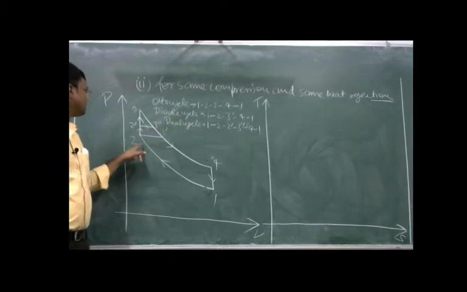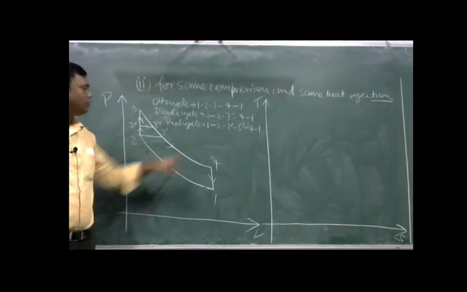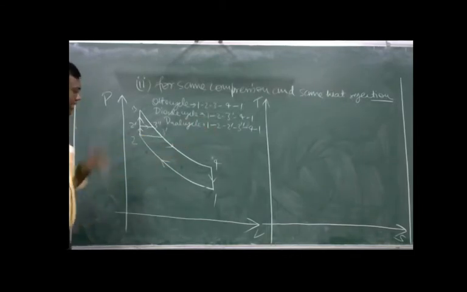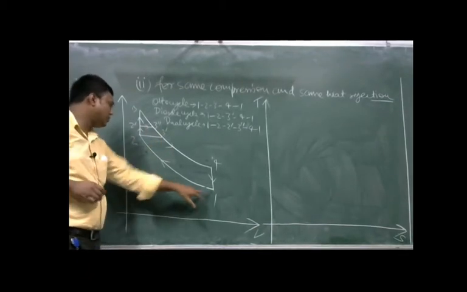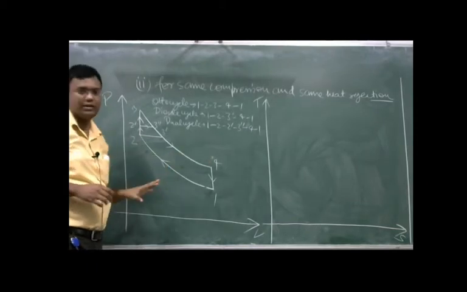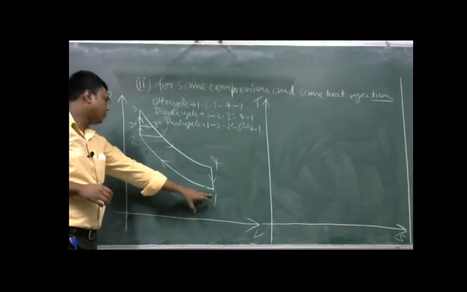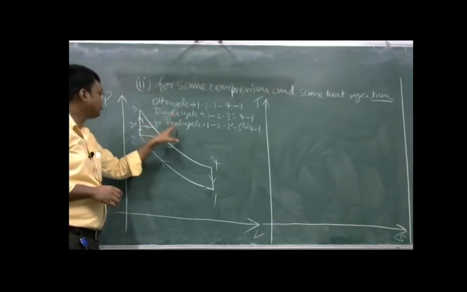Now convert this PV diagram for Otto, diesel and dual cycle into TS diagram. So here again when we convert into TS diagram, we know the process from 1 to 2, which is a curve in the PV diagram, will convert into a straight line on the TS diagram. So from 1 to 2 it is same for all the cycles: Otto cycle, diesel cycle, dual cycle.